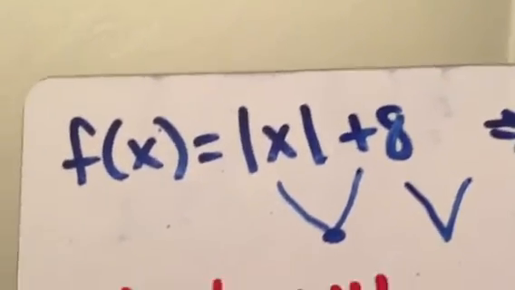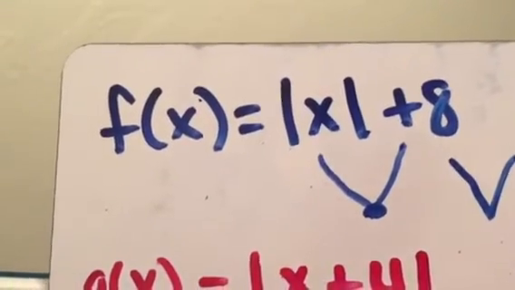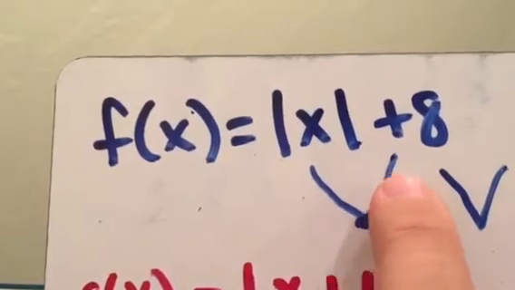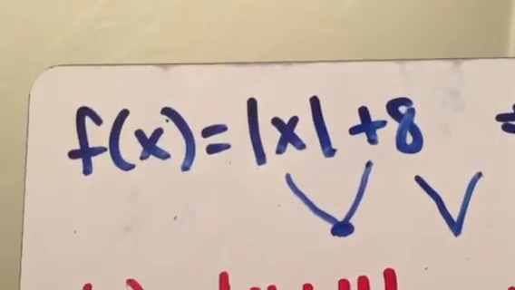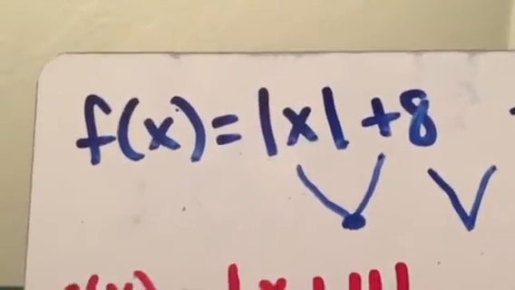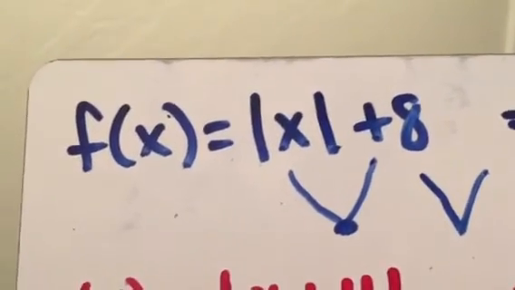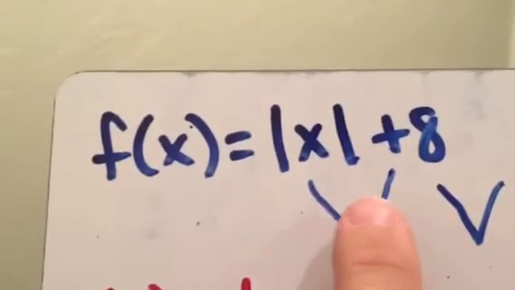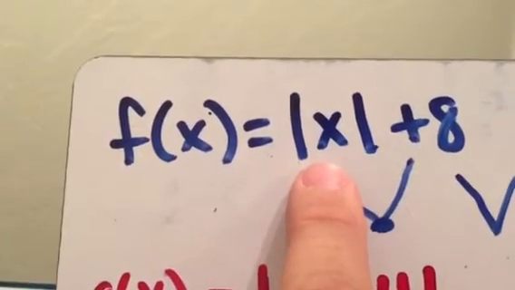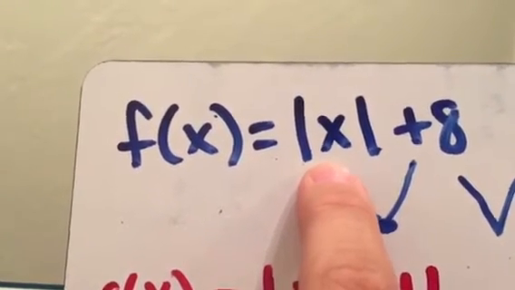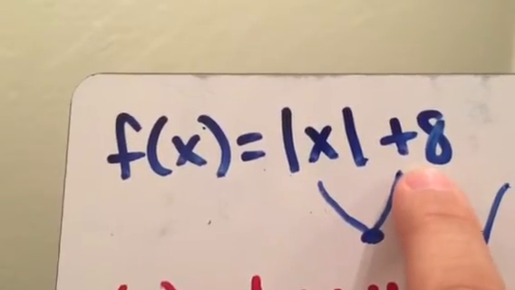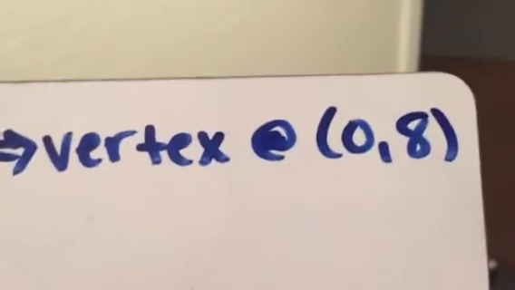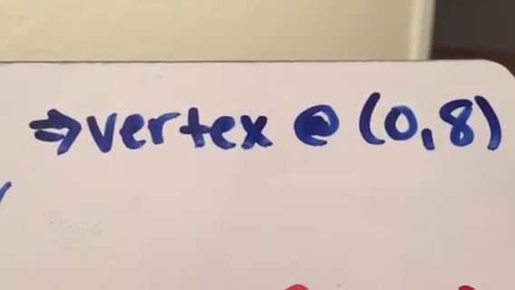And then on the outside right here, we had 8. That is the last part of my vertex. I know that I didn't move left or right, because there's nothing inside this absolute value, but this 8 told me that I'm going to go up 8 units. So over here my vertex should say 0, 8.